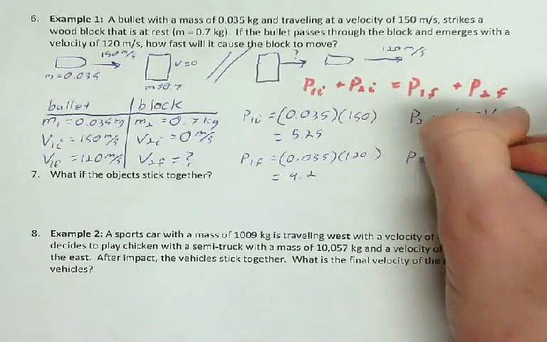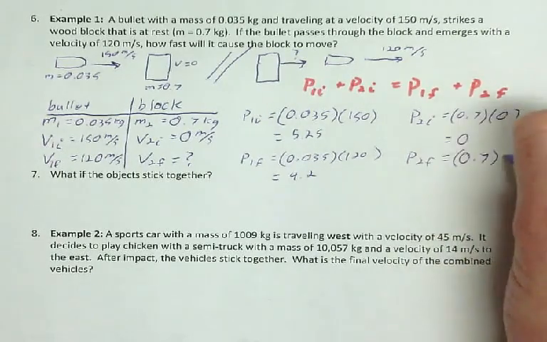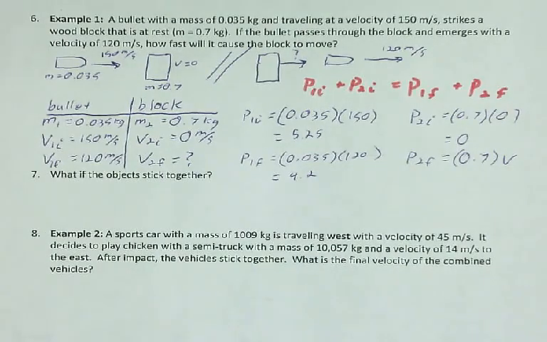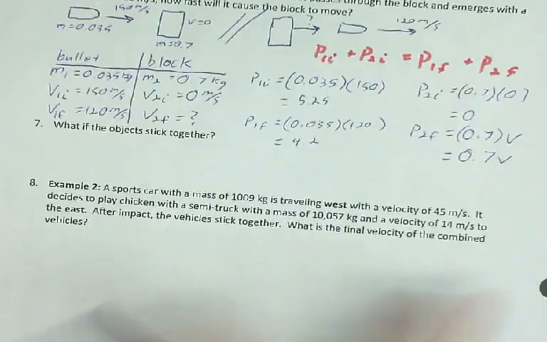Now here's where it gets somewhat tricky. I don't know what the final velocity is of P2, so I just write it as V. So this is just 0.7 V. So don't freak out about this V being here.